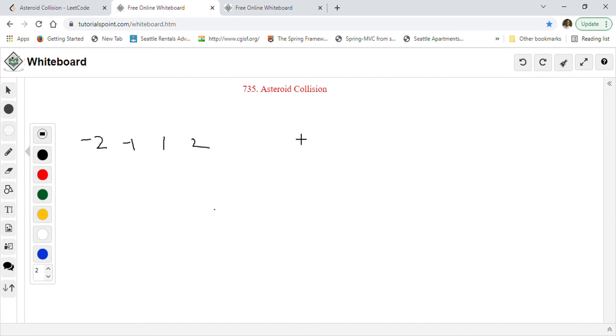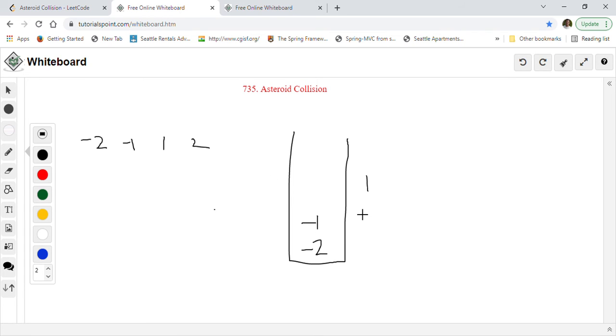In this case, we will have to put this again into the stack, right? Minus 2 will come first, so we will put minus 2. Then minus 1 will come, so we will put minus 1 into the stack, because they are going in the same direction.